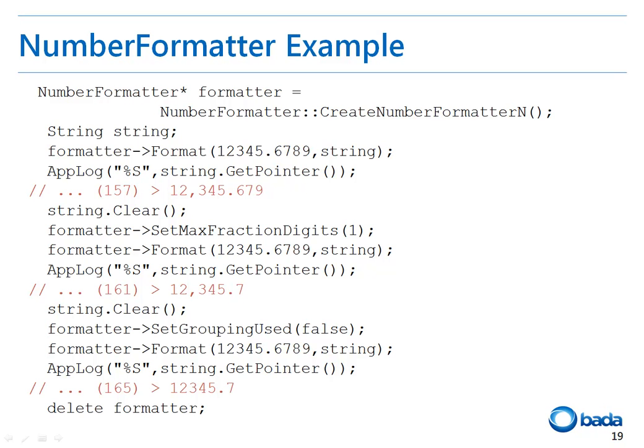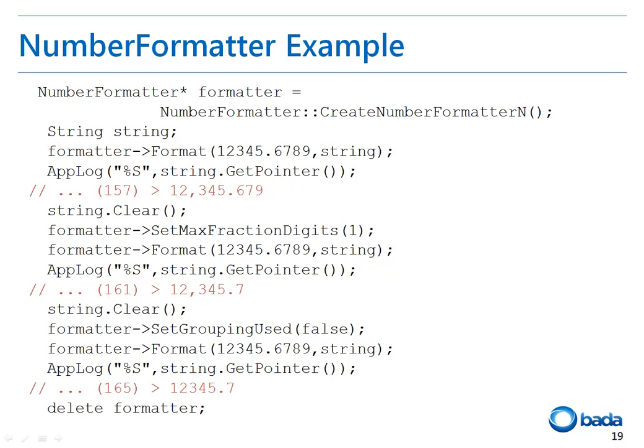Now, let's see how we can actually use the number formatter. In this example, I created a number formatter without applying a locale and used the formatter to convert the number 12345.6789 to a string. The resultant string is 12,345.679. Then I set the max fraction digits to 1 and used the formatter to convert the number again.